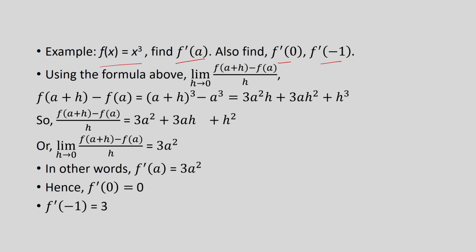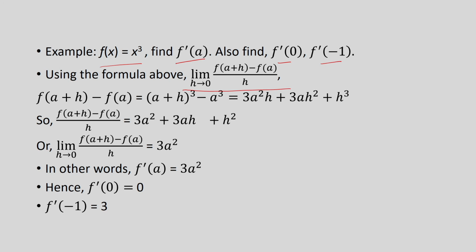Once we can find f prime of a, then I will just substitute 0 for a and minus 1 for a, and we will get these two other quantities. So, what do we do? We go by that formula, right. This is the formula of the derivative, limit h goes to 0, f of a plus h minus f of a divided by h.